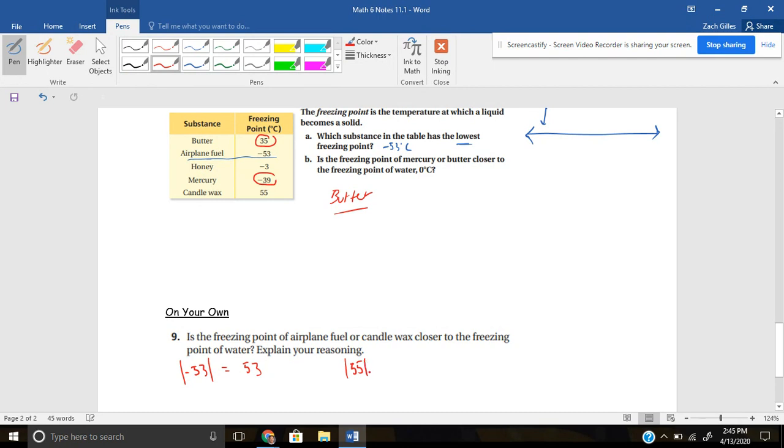The absolute value of 55 is 55, so this is 55 away from water. So which one of these is closer, 53 or 55? Well, the freezing point of airplane fuel is closer, because it's only 53 away versus 55 for the wax.